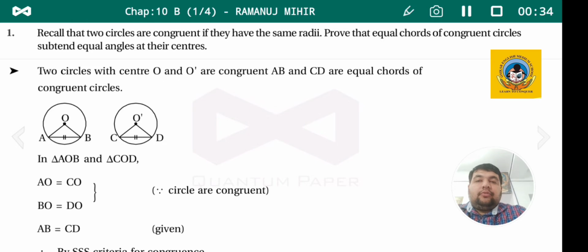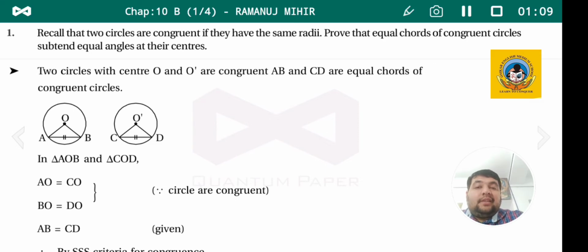Okay, so first question, recall that two circles are congruent if they have the same radii. Prove that equal chords of congruent circles subtend equal angles at the centers. So the question is that the circles are congruent.